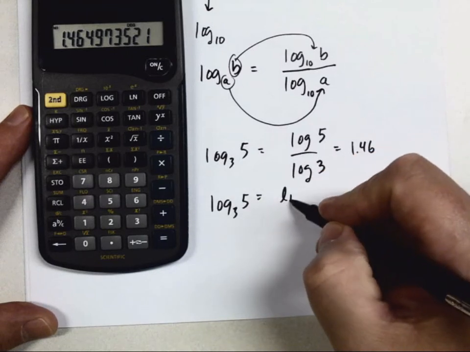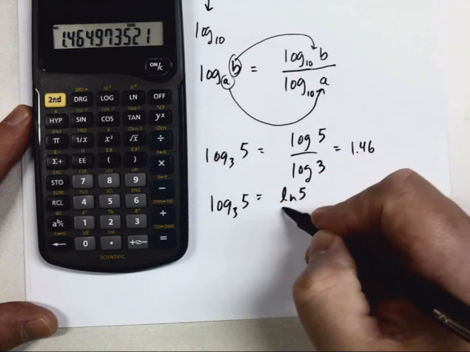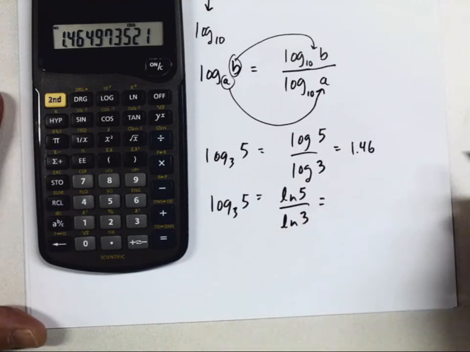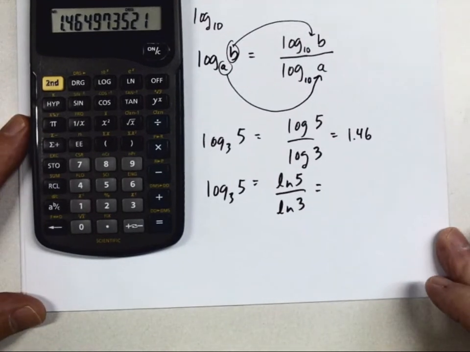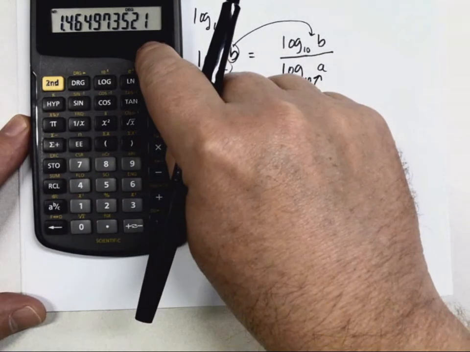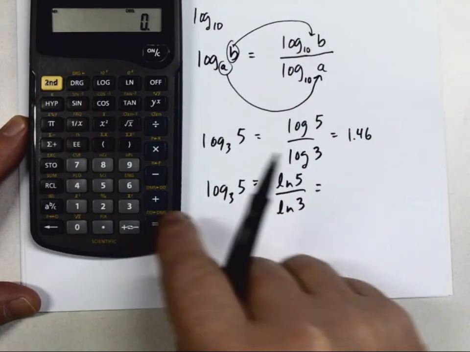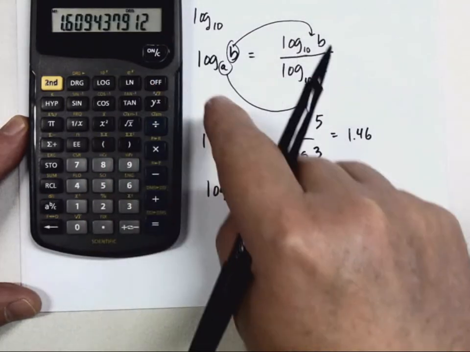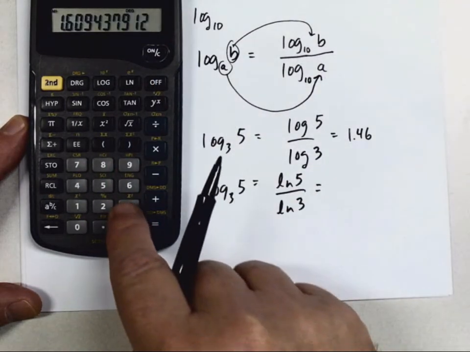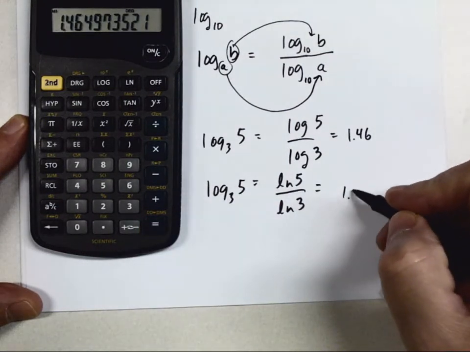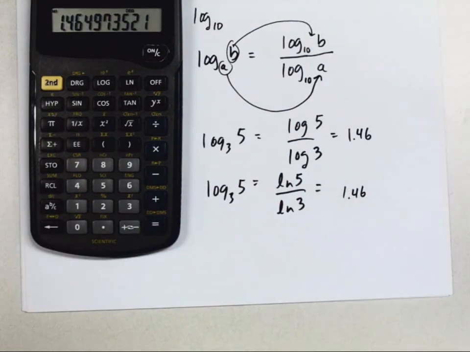I could have gone from base 3 to natural log. And now if I do this calculation, I should get the exact same number. So now 5 natural log divided by 3 natural log gives 1.46.